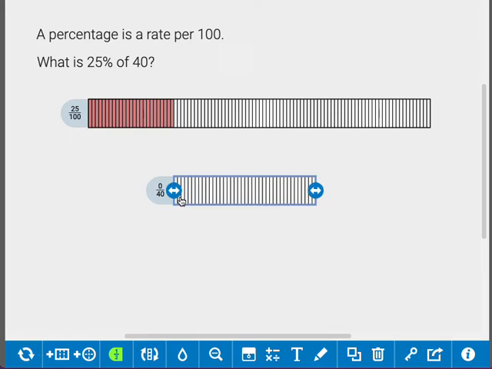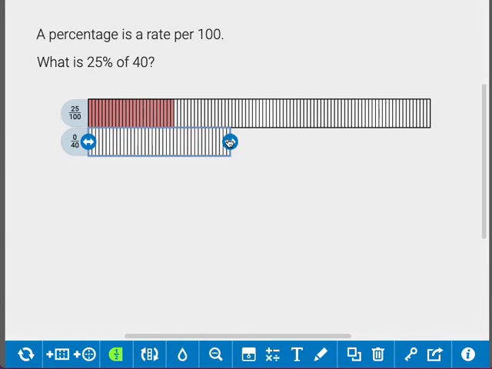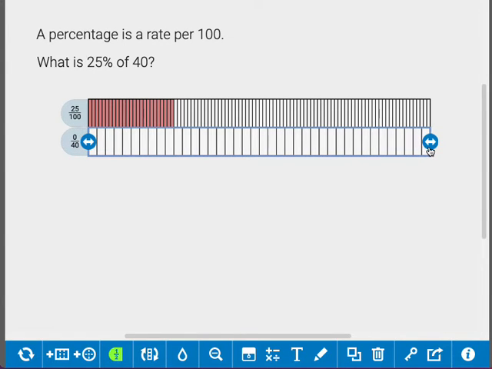I'm going to drag this fraction bar up here and resize it so that they're taking up the same amount of area. And then I'm going to shade an equivalent amount of area. And I can see that 25 out of 100 is equivalent to 10 out of 40. So 25% of 40 is 10.